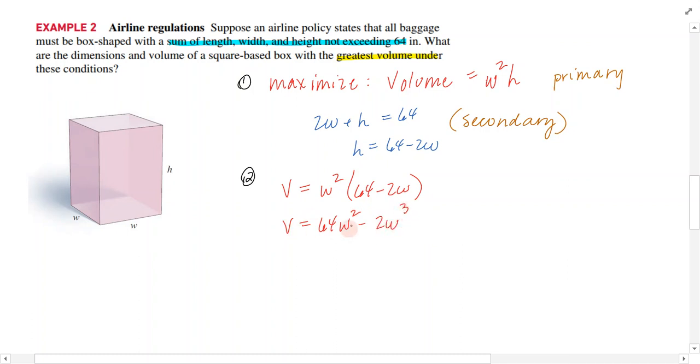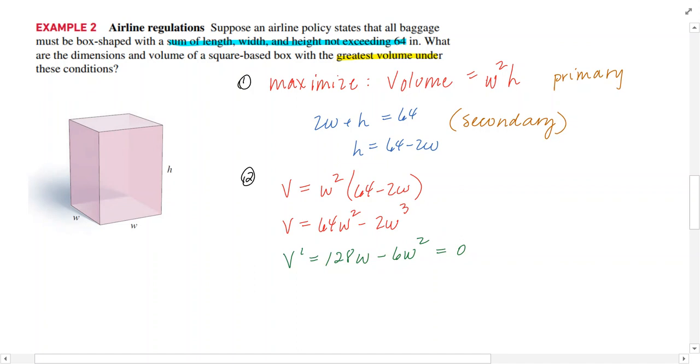So I have my volume equation, and I now want to take the derivative because it's this equation we're trying to maximize. So we take the derivative of our primary equation. So V prime is equal to, 2 is going to come down, so I have 128W minus 6W squared, and it's this derivative equation that we set equal to 0 because we're finding the maximum.